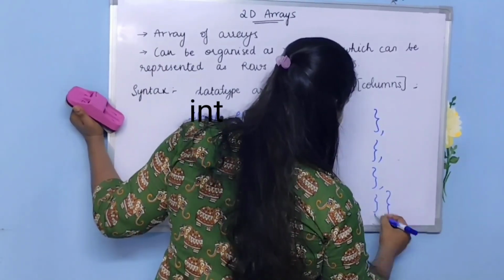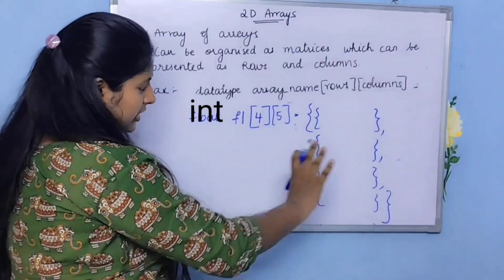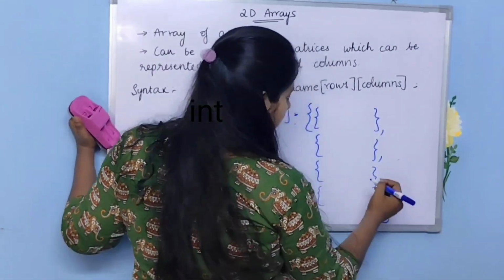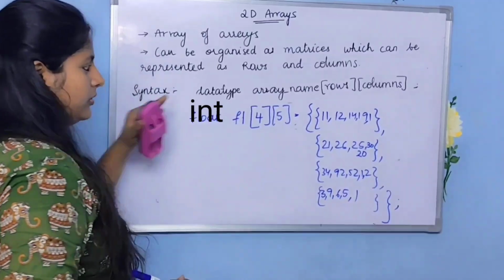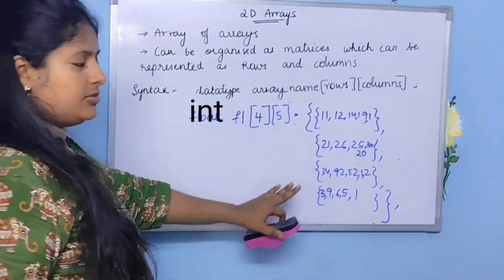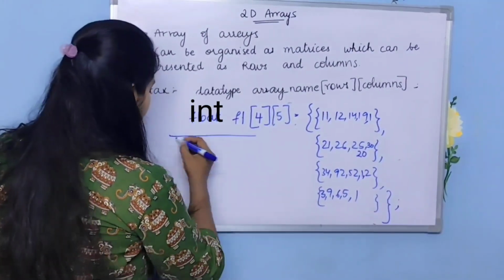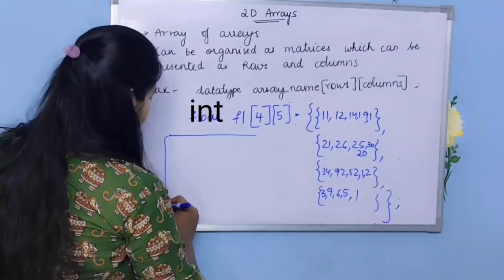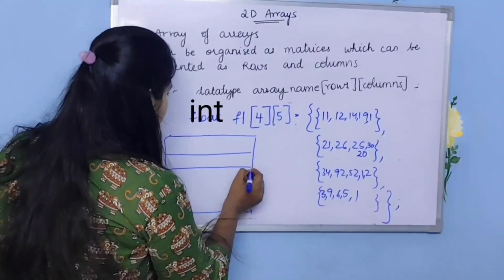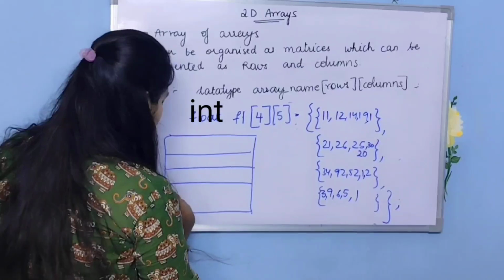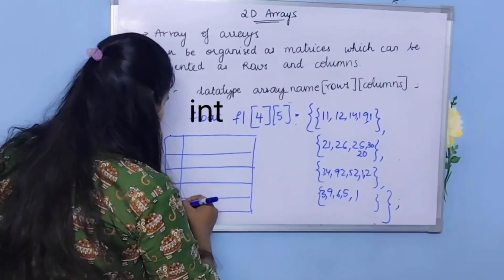After completion of 4 rows and 5 columns, you will close it. Okay, now I will insert elements. You have 4 rows and 5 columns. So, how do you represent them? You will take a matrix. This is just an imaginary representation. You can't see it directly like this.